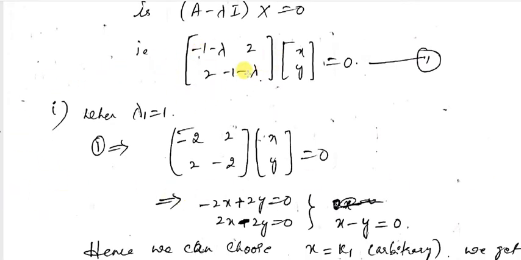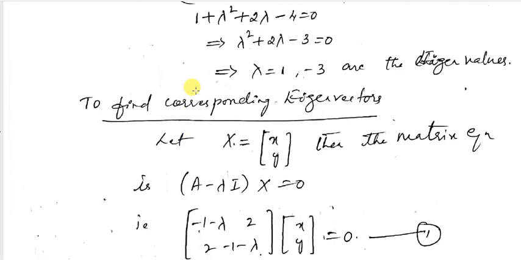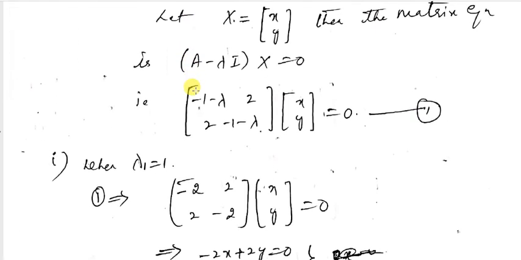So let us solve this matrix equation for lambda 1 is equal to 1 and lambda 2 is equal to minus 3. When lambda 1 is equal to 1, the matrix equation 1 reduces to [-2 2; 2 -2] times [x; y].